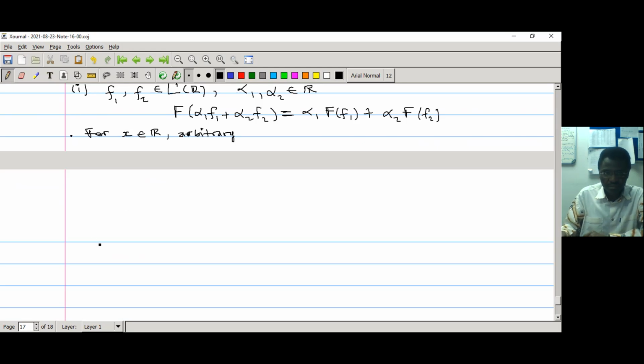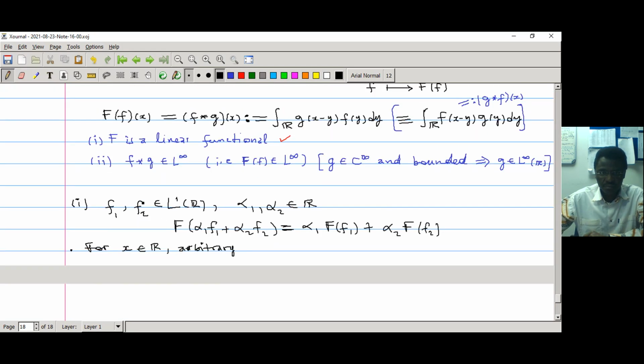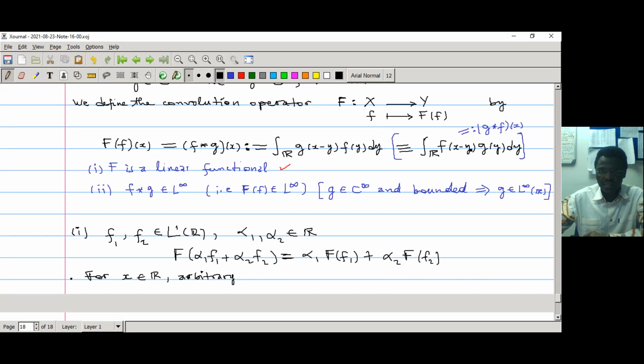So I start from the left, and I apply x to that. When I apply F, I can use the definition here. Of course, convolution, I don't need to write that. I go straight to the actual definition here.